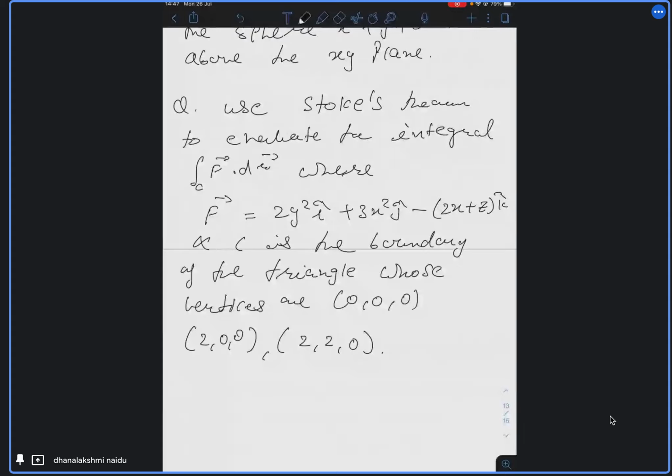Note down these problems. Try to solve them by tomorrow itself, and tomorrow we will see few more different problems.